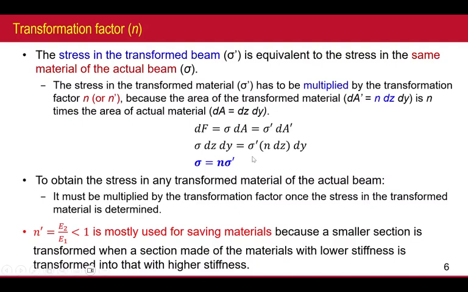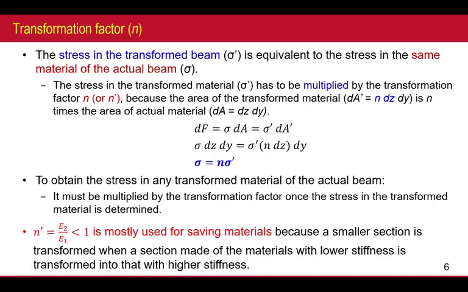So I said, sometimes we use n prime, which will be E2 over E1, less than 1. And of course, this is the most widely used situation because we want to save material. Remember, if n prime is equal to E2 over E1 and less than 1, then n dz means the cross-section will become smaller.